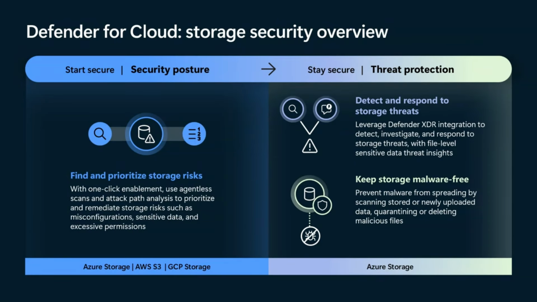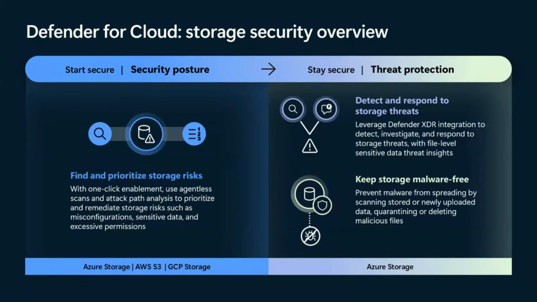We then go to the stay secure side, which is the threat protection side. Here is once you start putting data into your storages, what do we do? Here, the idea is to, one, detect and respond to storage threats. Okay, we look at all the events, control plane and data plane events, accessing your storage accounts and alert you if you have any risk to your files, if there's any access which is anomalous, if there's any exfiltration of data which is anomalous.